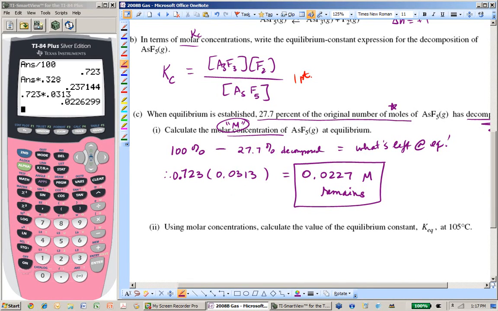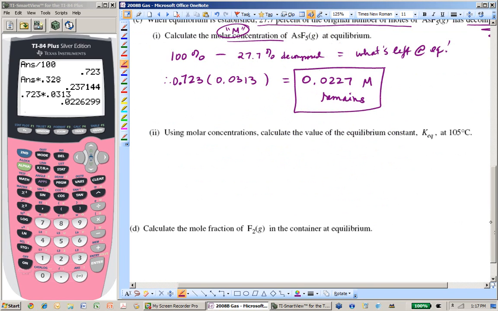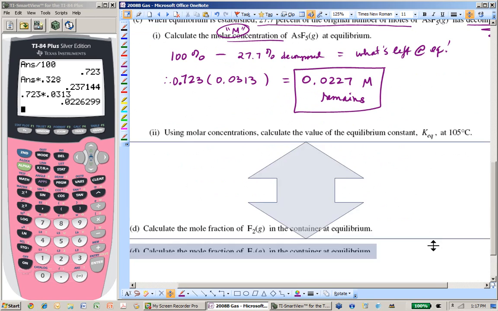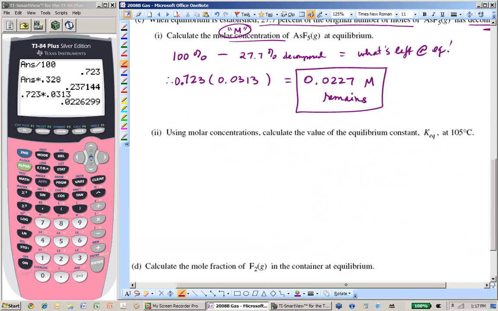So we know how much is gone. So we need to just simply calculate. You can do a RICE table, or you can cut to the chase. It's your call. I'm going to do the RICE table because I'm just going to keep doing them until you get really good at them. But for those of you that get it, you've done enough for homework, you've listened enough, you just understand what to do for my next expression down there at the bottom, you can go for it.